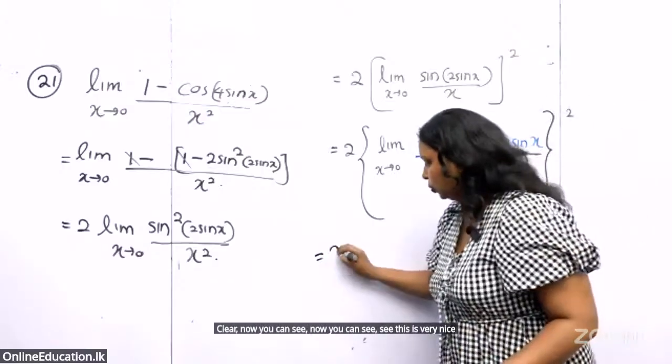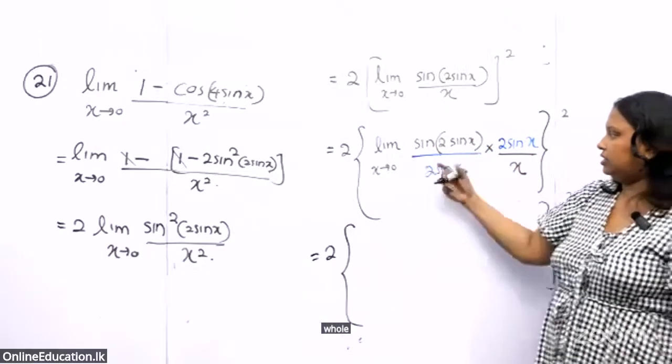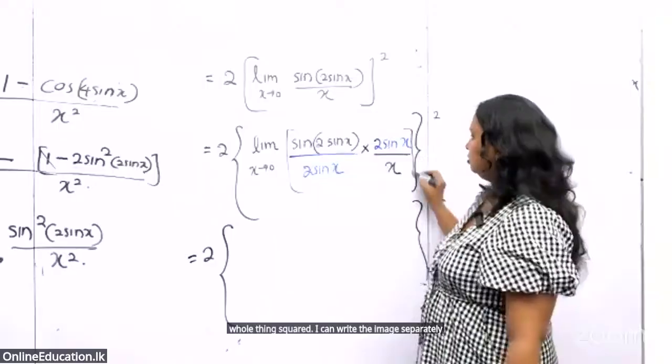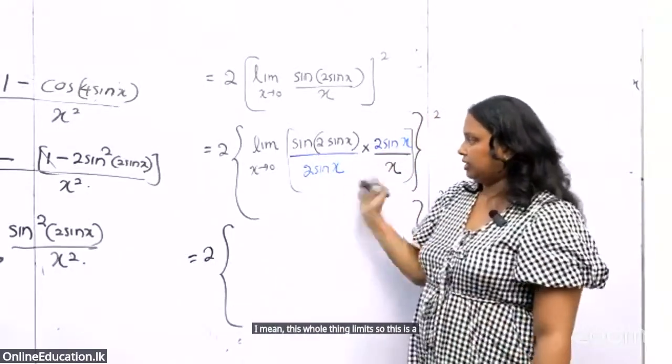See, 2, whole thing squared. I can write the limits separately. Now this whole thing is a multiplication, so I can write the limits separately.